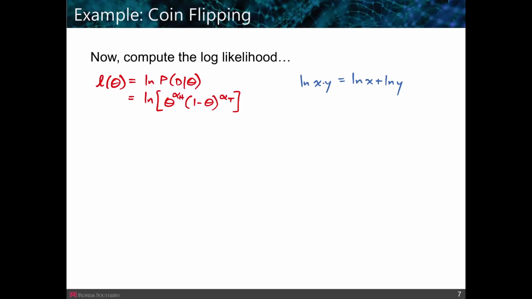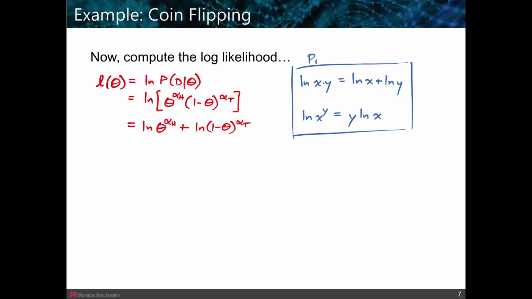So I hope you see where I'm going here. This expression over here can now be written as the log of theta to the alpha h plus the log of 1 minus theta to the alpha t. Another nice property of logs is that if we have, for instance, the log of x to the power of y, we can rewrite this as y times the natural log of x. So over here on the right, these are just properties of the natural logarithm.